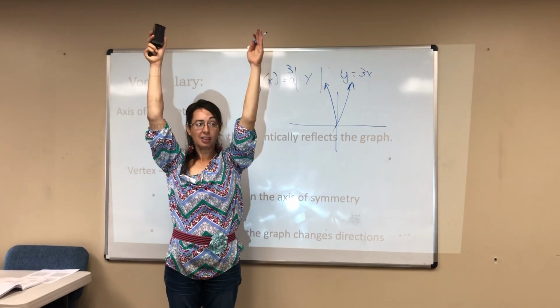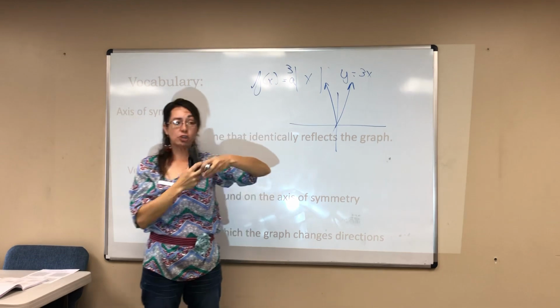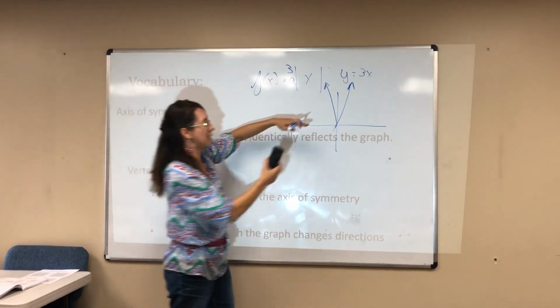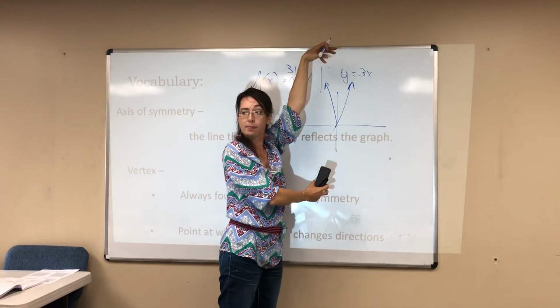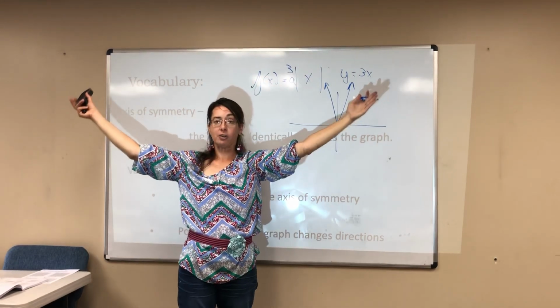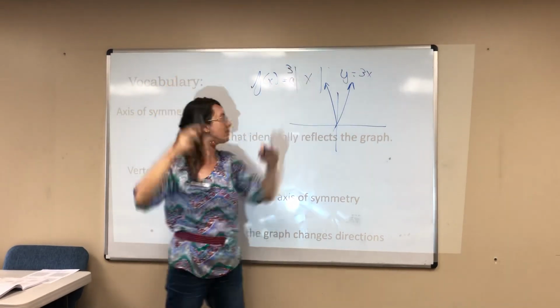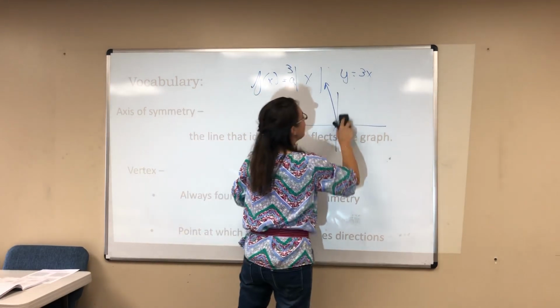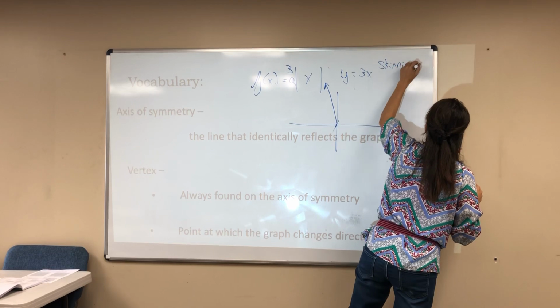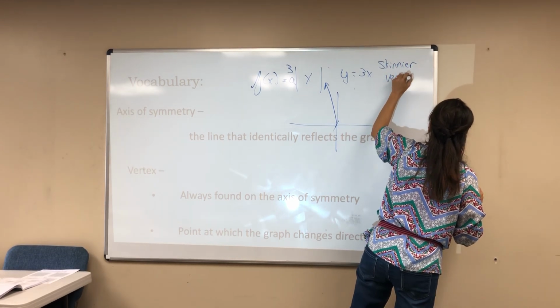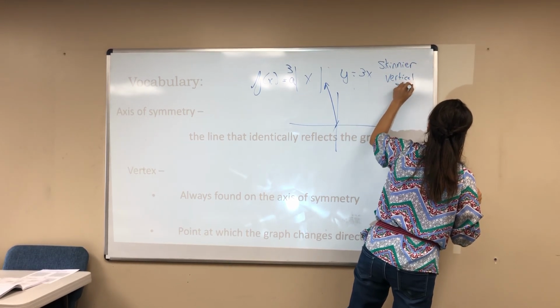It gets closer together, right? That is actually called vertical stretch because they're looking at it along the y-axis and you're stretching it up higher. You're taking your parent function, you're stretching it up. Okay, so when it gets skinnier, write this down. When it gets skinnier, it is called vertical stretch.